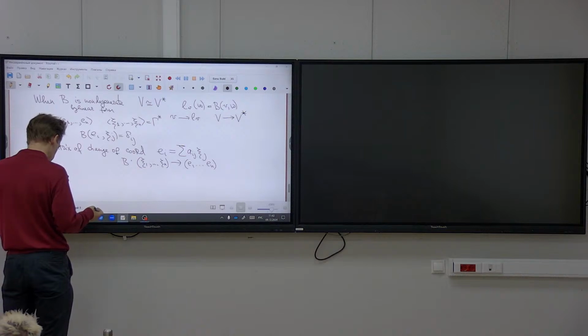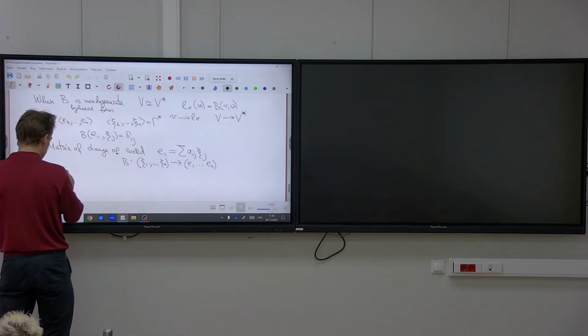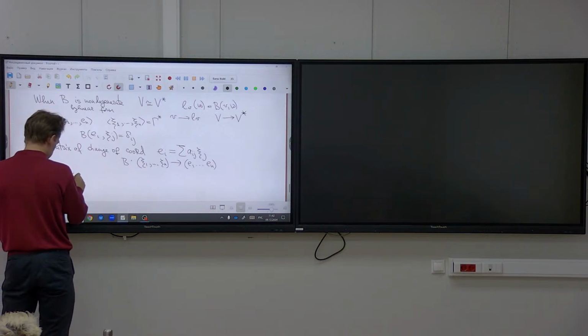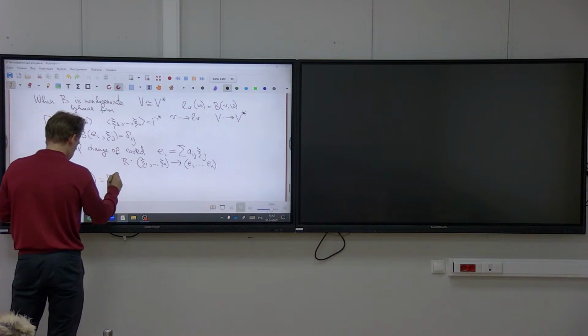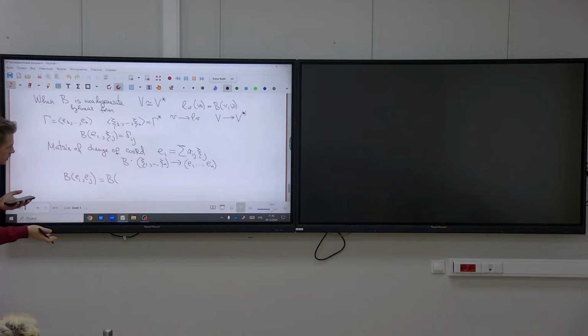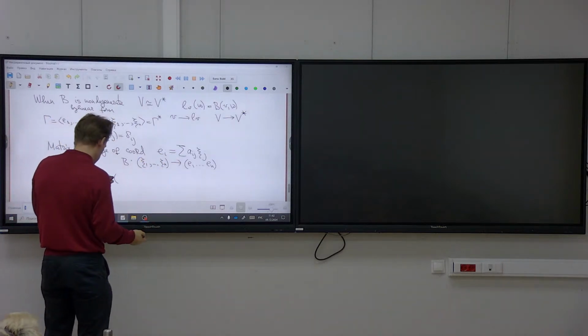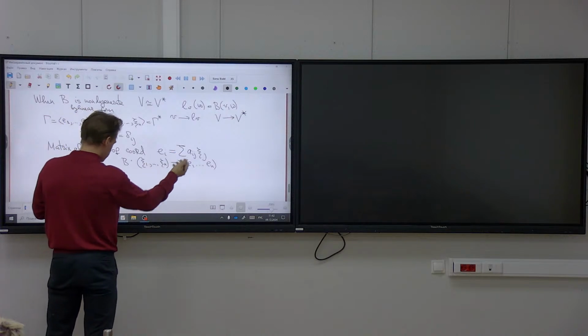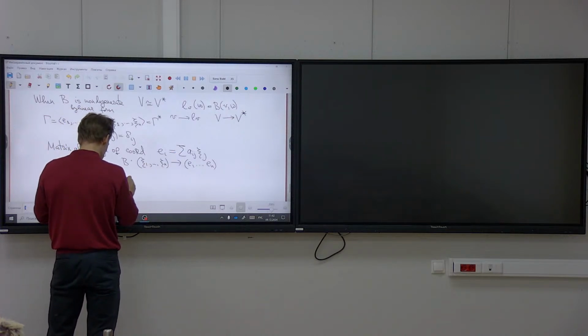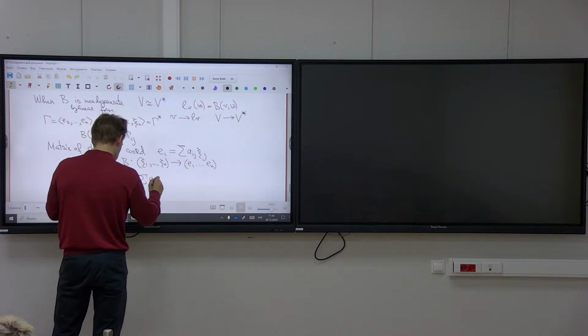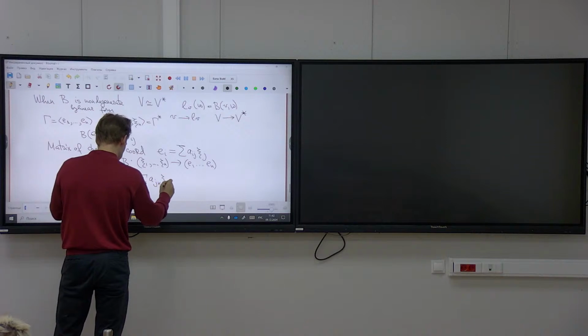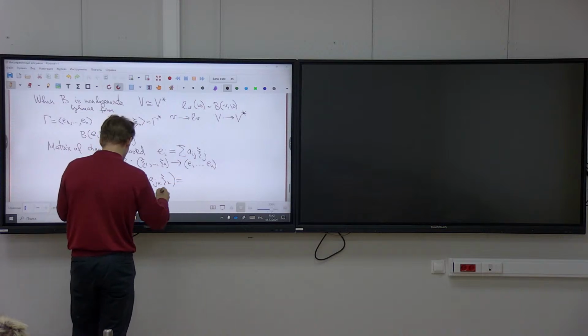In order to do so, let us calculate the Gram matrix of E, so B(E_i, E_j). Let us calculate it as if E_i is written in terms of the basis psi_i: E_i is the sum of A_jk psi_k.